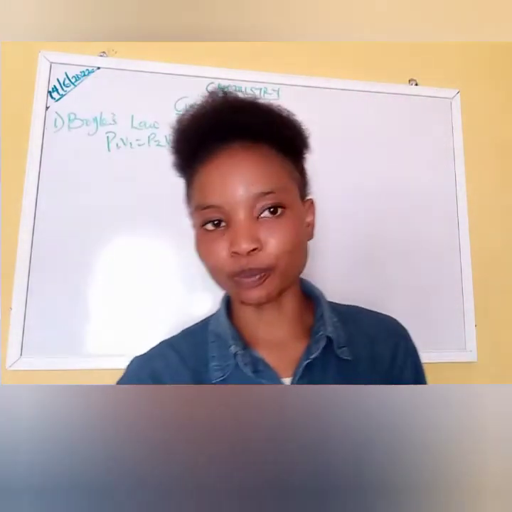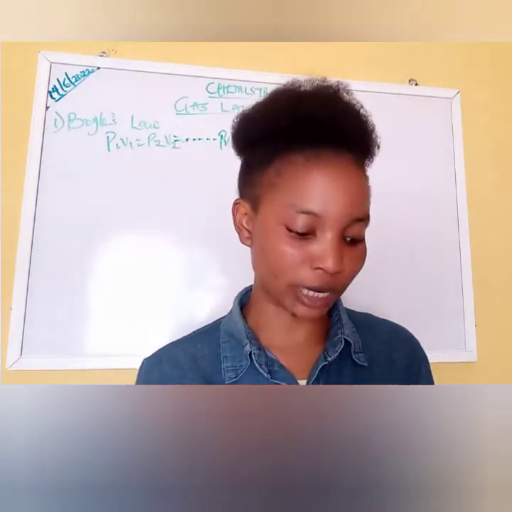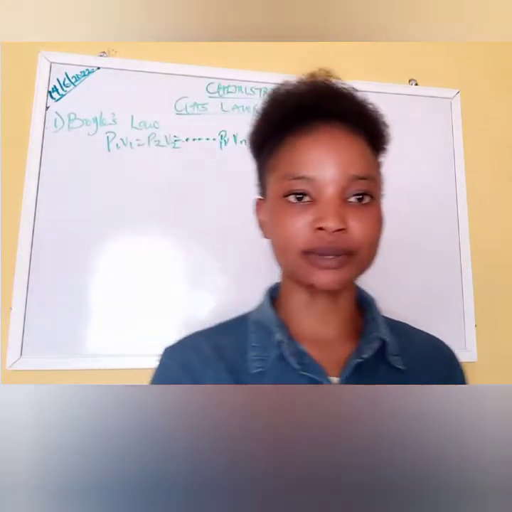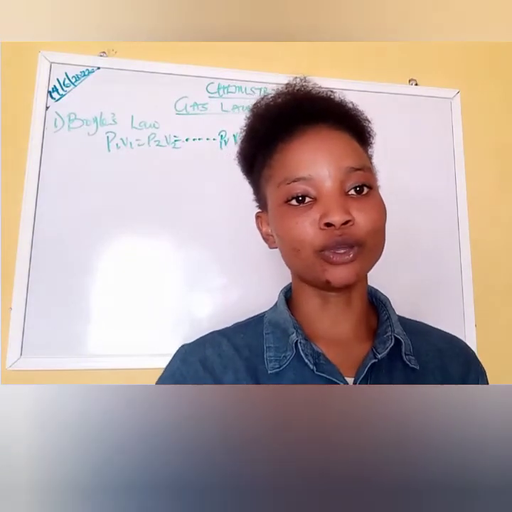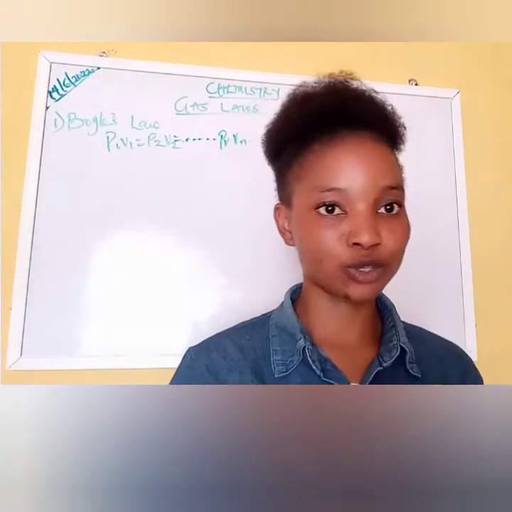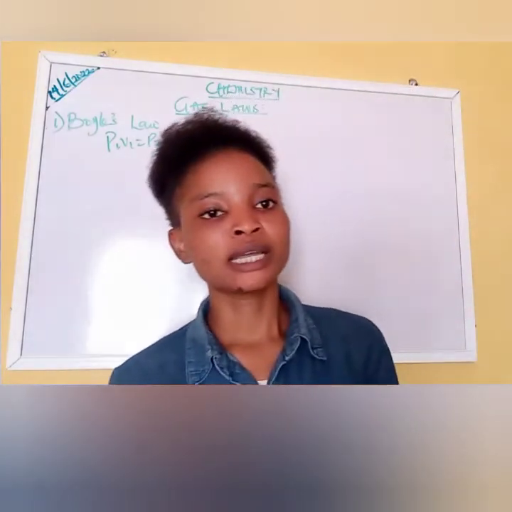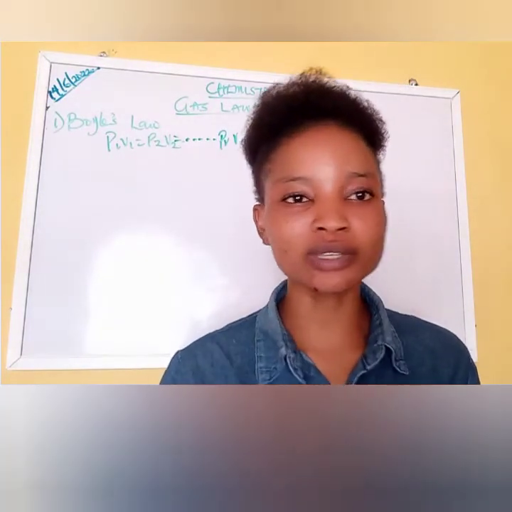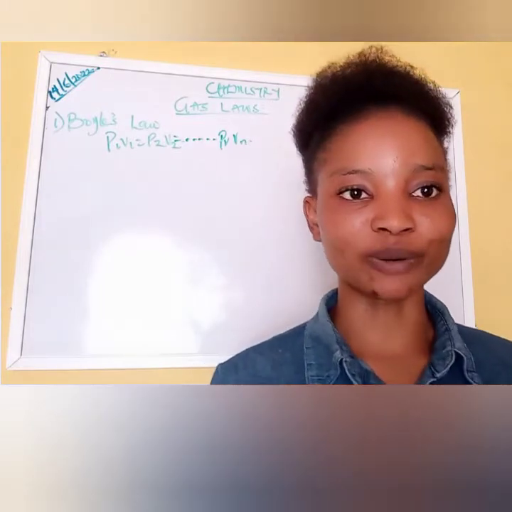That is, when your volume is half, your pressure is the inverse of that half, which is twice. When you turn 1/2 upside down, you have 2. This is at constant temperature, no disturbance, and that is Boyle's law.